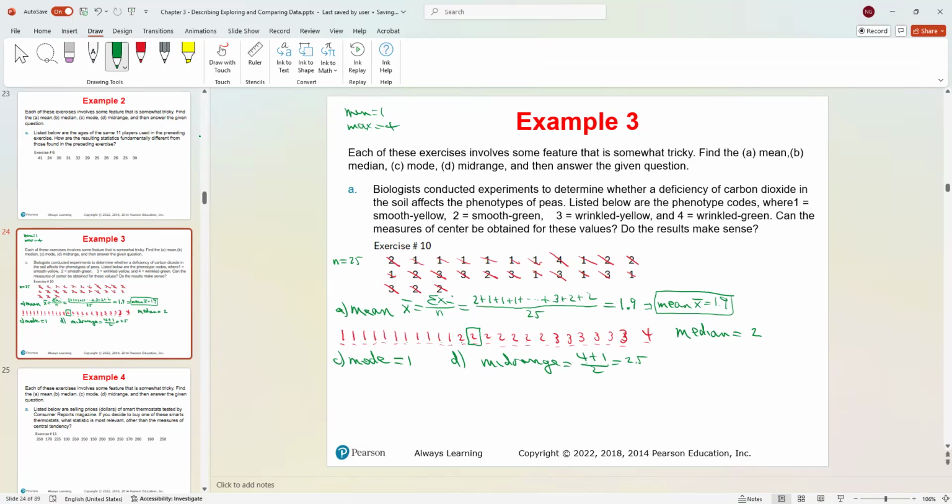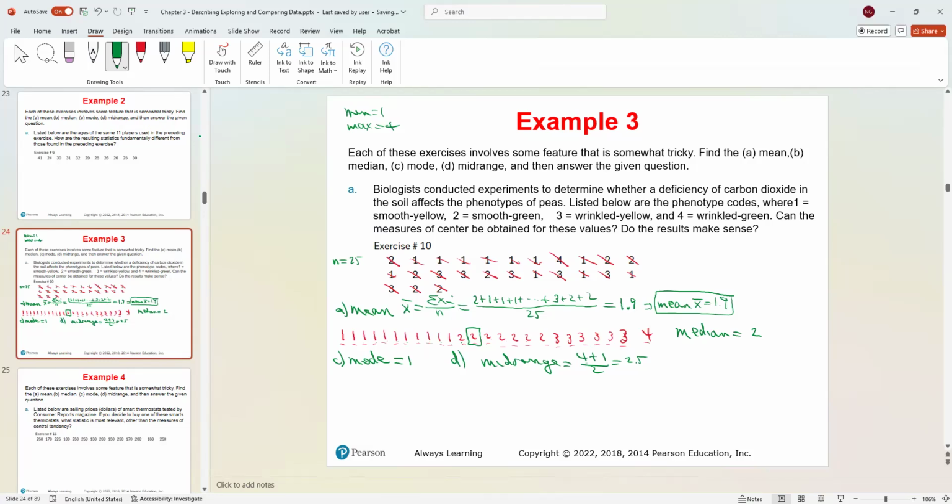Now, we can answer the other ones because they said, oh, you know what, answer the given questions. Can the measures of center be obtained of these values? Yes, you can, right? The measures of the centers, is that what we did? I believe that's exactly what we did.